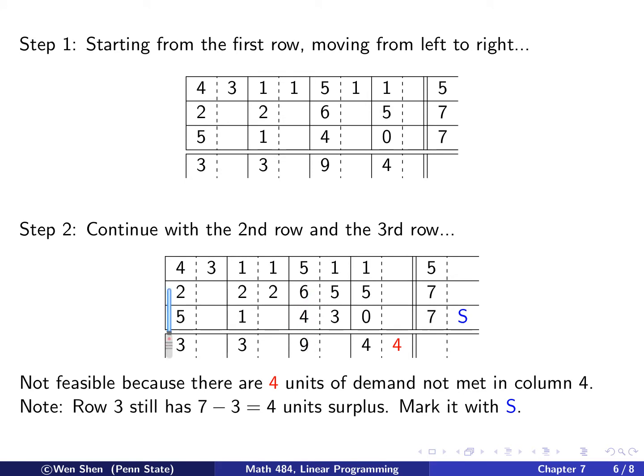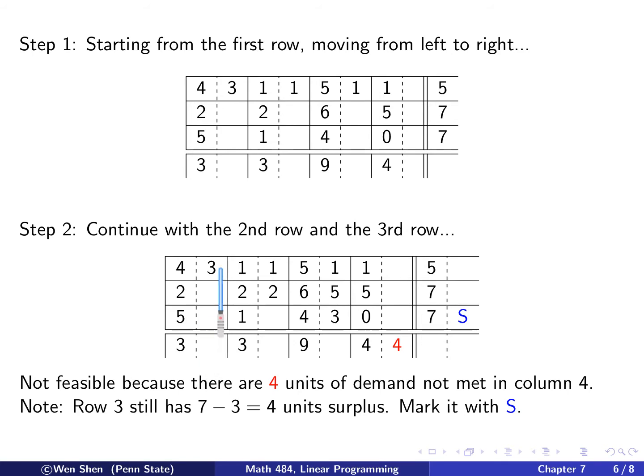But from warehouse 2, I already shipped 2 units out of 7, so only 5 units remain. Therefore, you put 5 here. Now warehouse 2 is empty, so there's nothing for this one, it's 0. So that's how you do row 2. This warehouse is empty and this warehouse is empty. Now let's look at warehouse number 3, origin 3.